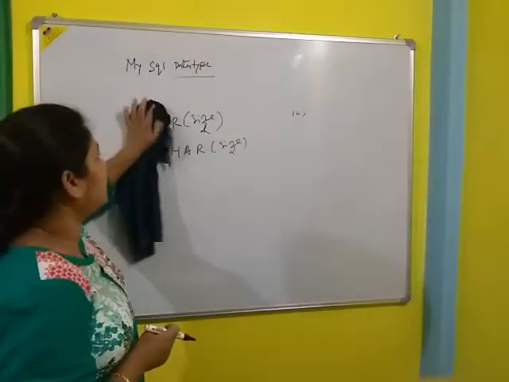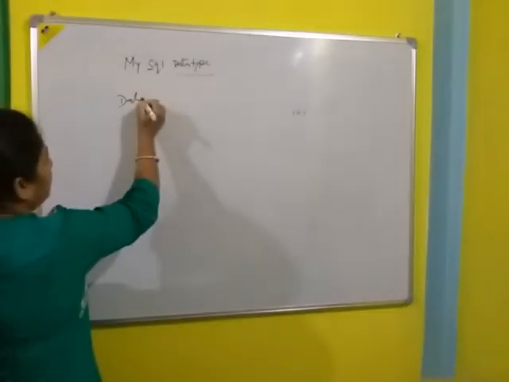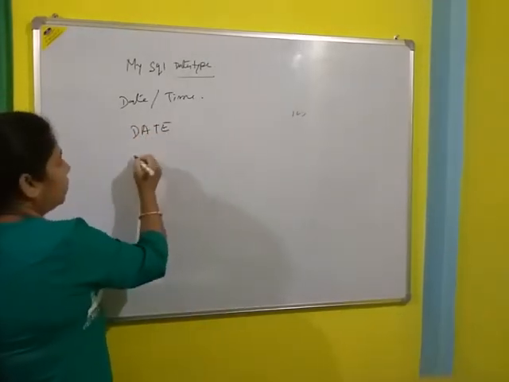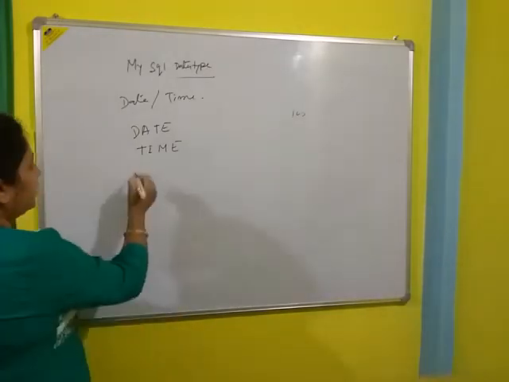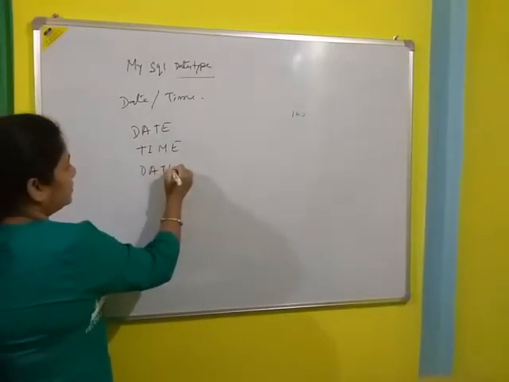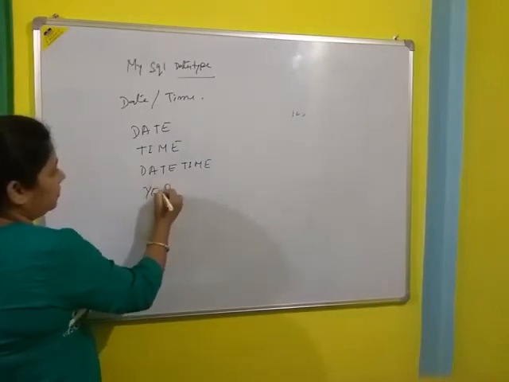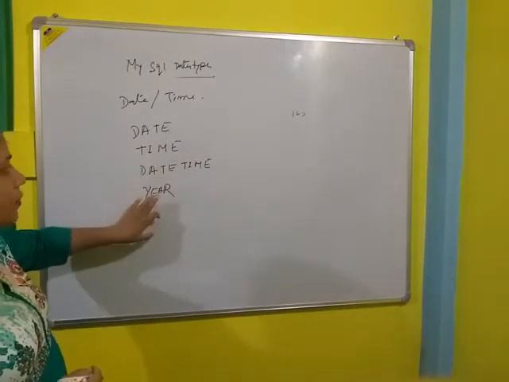The next one is for date and time. For date and time we have the date data type, the time data type, datetime, or year. So these are the 4 different types of data types: date, time, datetime, or year.